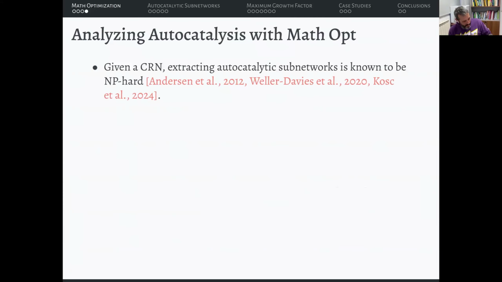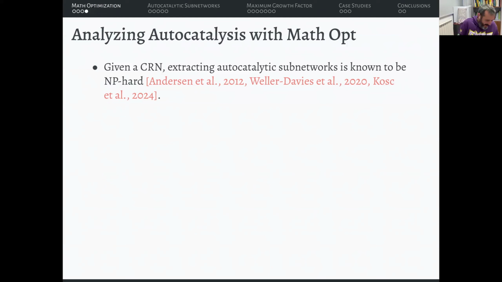So the problem we want to analyze with this tool, math optimization, is the construction, enumeration, or detection of autocatalytic subnetworks inside a chemical reaction network. This problem is going to be NP-hard, so it's not going to be easy.